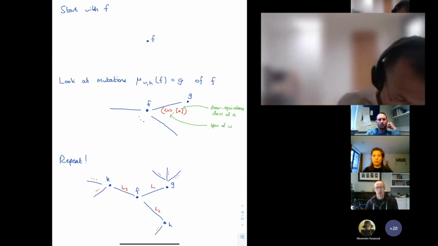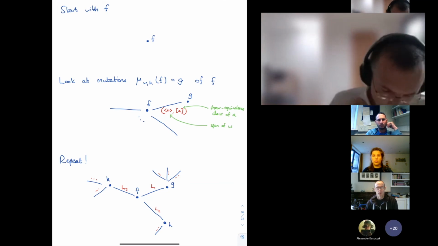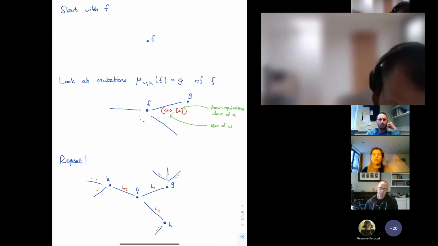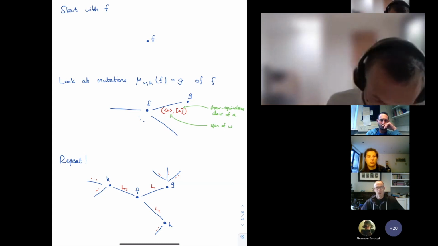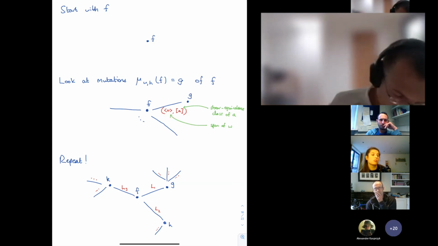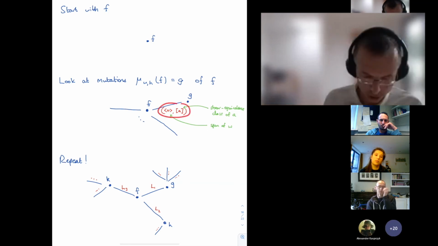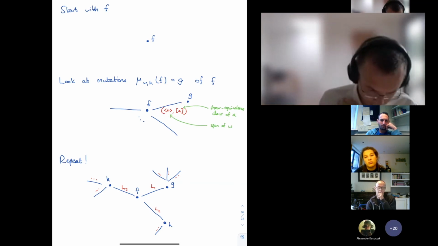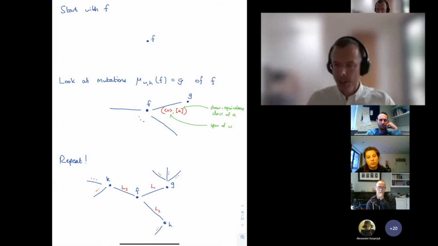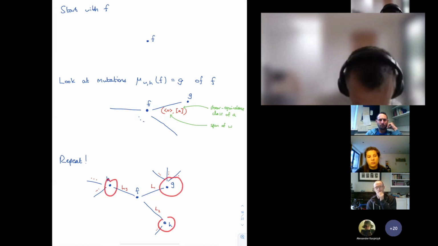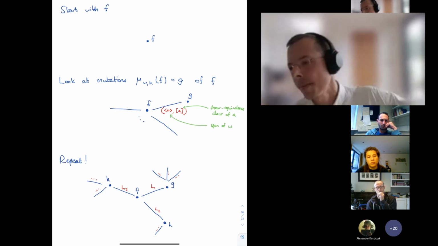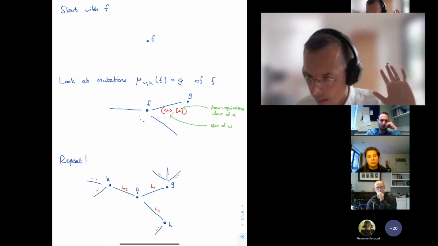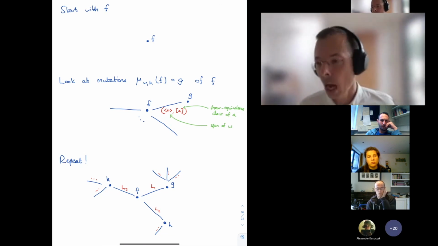And so you make a graph where you started with f, and then I'm going to add a bunch of vertices, one for each mutation of f, where you label the vertices by the Laurent polynomial g, and you label the edges by the data about the mutation that got you from f to g. And then you keep doing that. You do that again for g, you do it again for all your other mutations. You get a graph where the vertices are labeled by Laurent polynomials and the edges are labeled by mutations up to shear.